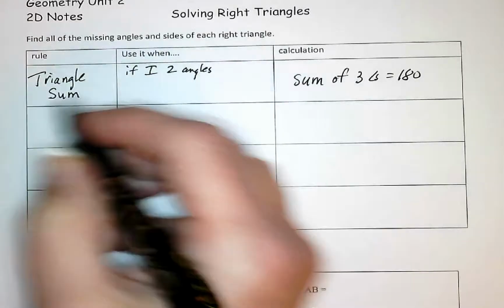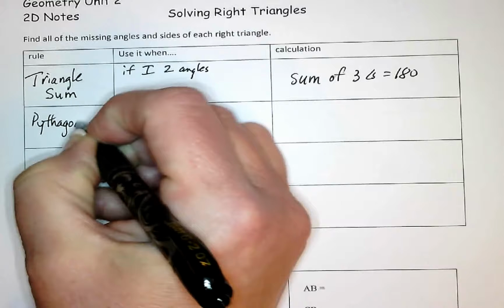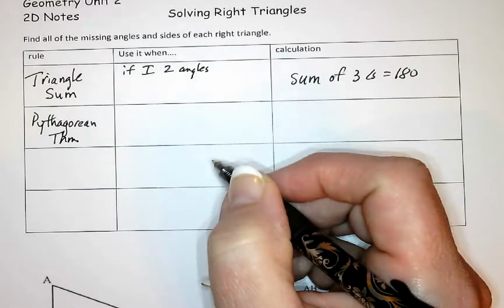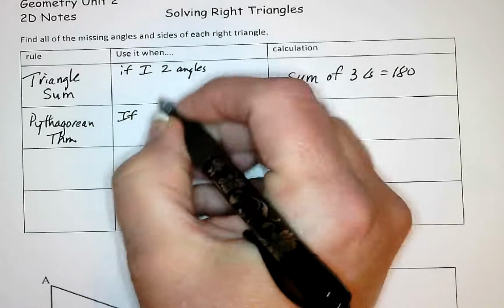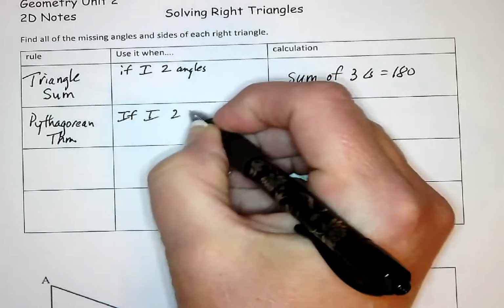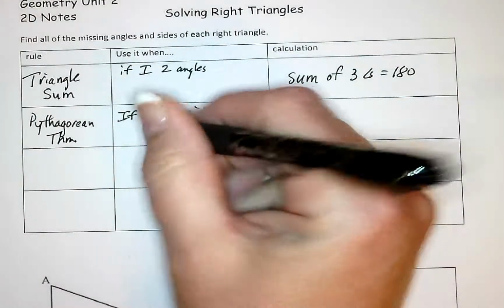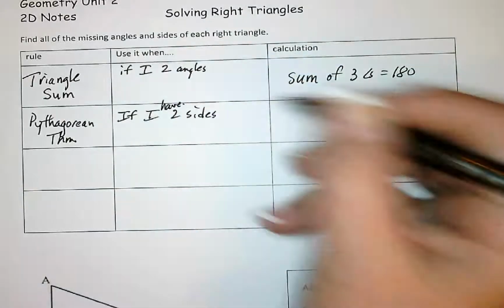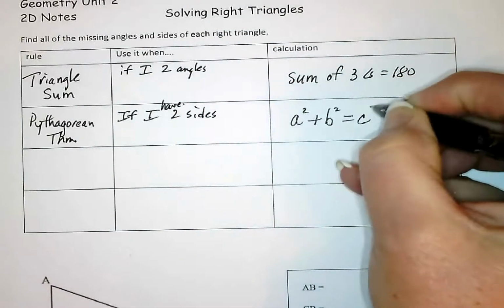A second thing that you can use that we learned at the beginning of this is the Pythagorean theorem. The big question we had on Pythagorean theorem was, if I have 2 sides, then I can use the Pythagorean theorem to help me find the third side.